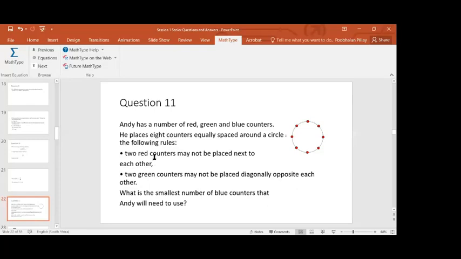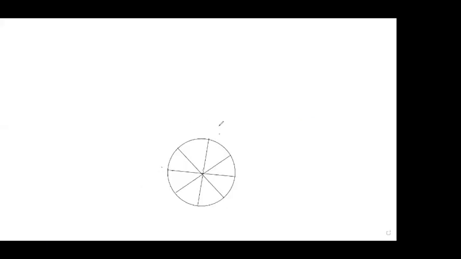The first rule is that 2 red counters may not be placed next to each other. All right, let's observe that. And I'm going to go back to my whiteboard and share it with you. So let's just place a red counter here somewhere. Suppose I place a red counter here.